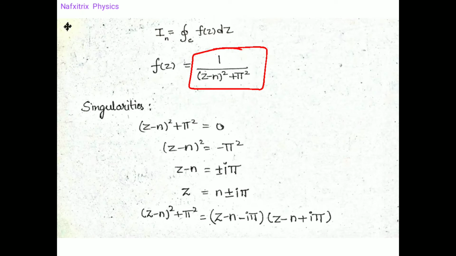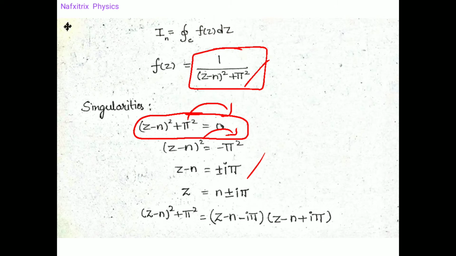For that, the denominator is made equal to 0, in order to find singularities. Sending this pi square to the other side, we get minus pi square, and then taking the square root, the square root of minus pi square is the square root of minus 1 into the square root of pi square. We will get plus or minus i pi.